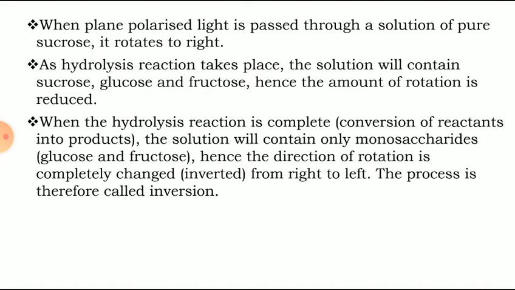Then the entire sucrose is converted into glucose and fructose. When we pass the light through that solution, the plane polarized light will not rotate to the right; it will rotate to the left because of the presence of glucose and fructose only. The process is therefore called inversion.